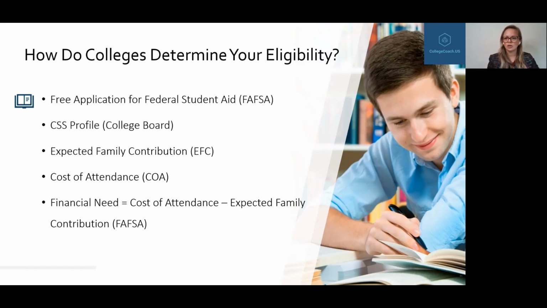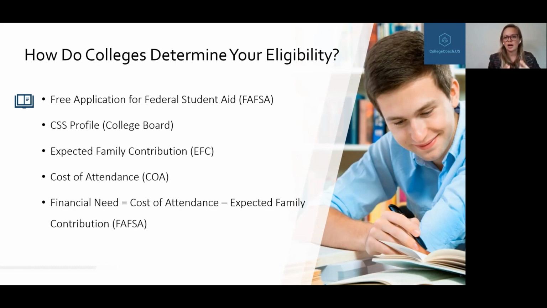Every school has their own cost of attendance. Cost of attendance means how much money they think a kid will need to attend 1 year of college. Tuition, housing, meal plan, living on campus, transportation, pocket money, books, supplies, fees, all of that. That's cost of attendance.